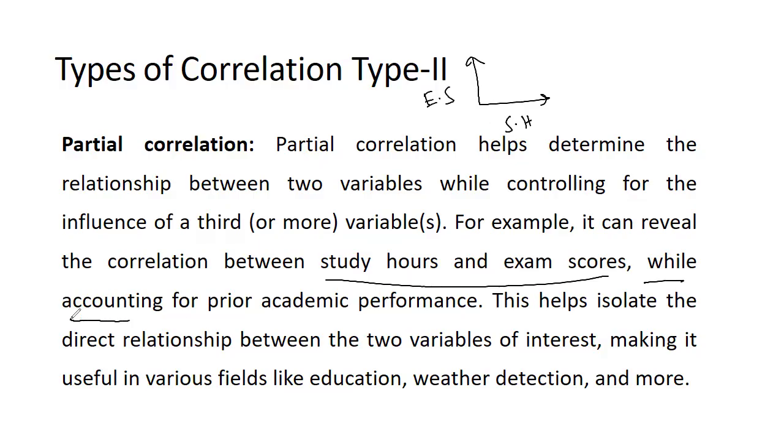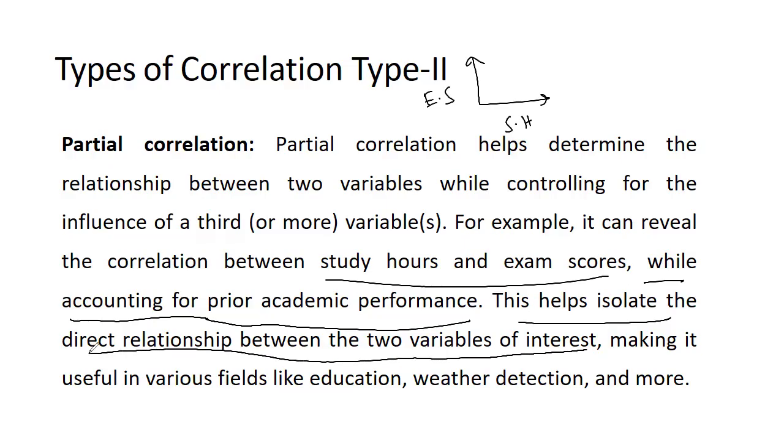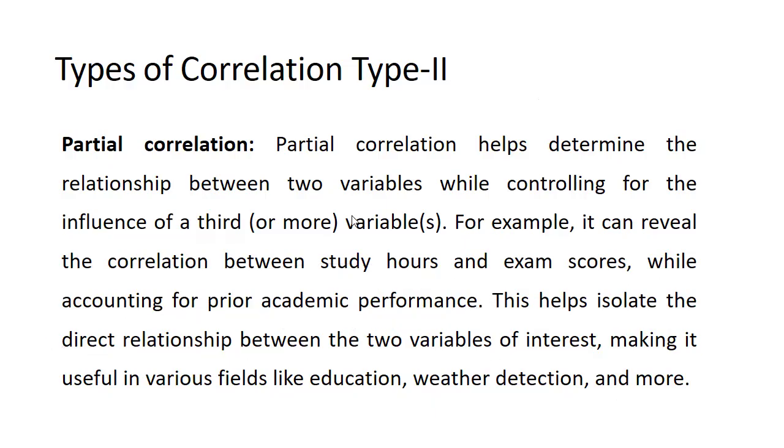While accounting for prior academic performance, this helps us isolate the direct relationship between the two variables of interest, making it useful in various fields like education, weather detection, and more. Here we are controlling the impact of prior academic performance. We are measuring only the study hours and exam score. When we control the third variable, then we can estimate the partial correlation between the two variables.